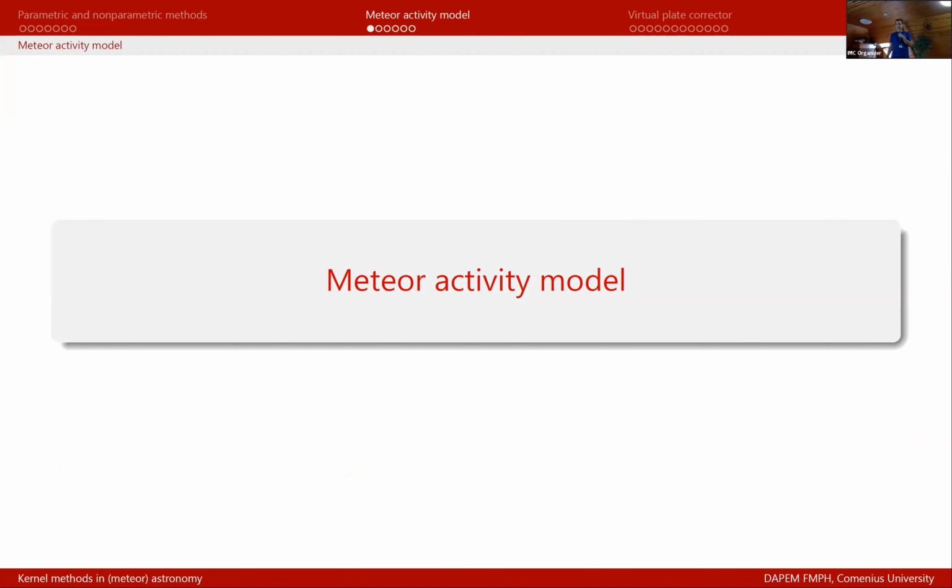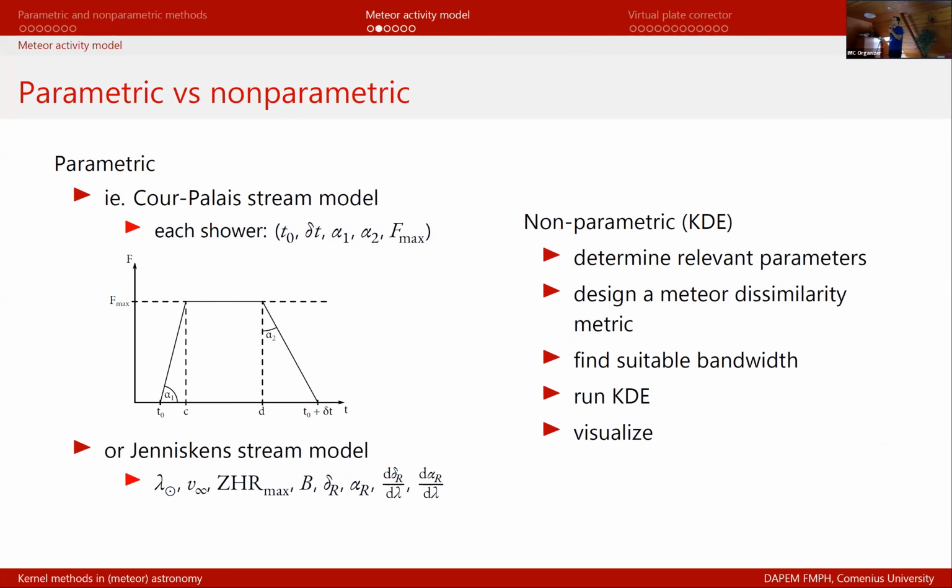So our first application, this was actually my thesis, was a model of meteor activity. Again, if you want to model meteor showers, you might want to use the parametric methods. Two of them are, for instance, the Kurpale stream model, where you have the beginning of the meteor shower, the duration, the attack and decay angles, and maximum activity, or the model by Peter Jenniskens, where you have solar longitude, velocities, and position of the radiant and its movement over time, and so on.